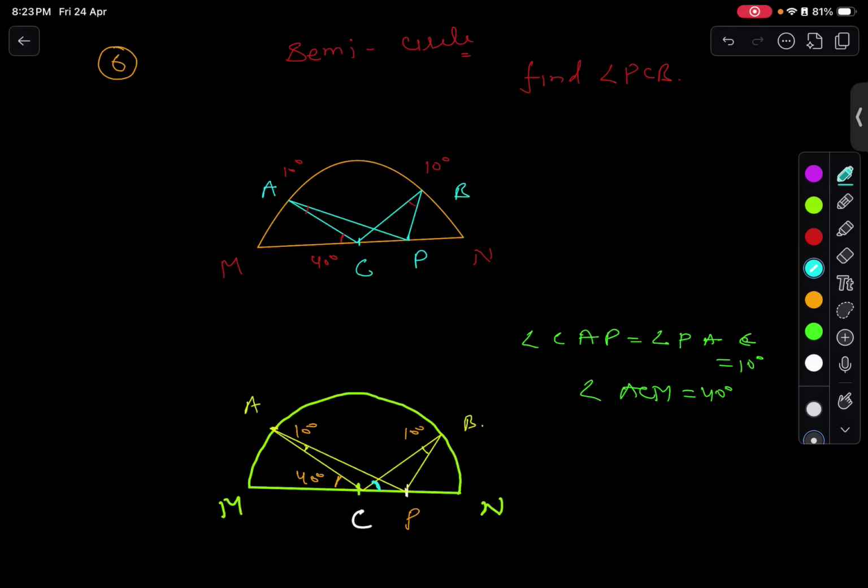Sir, is C the center of the semicircle? C is the center of the semicircle.